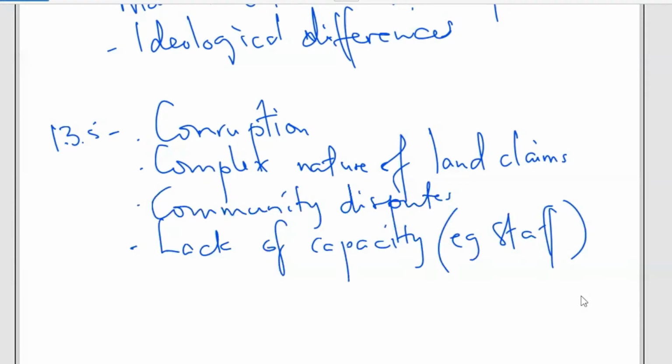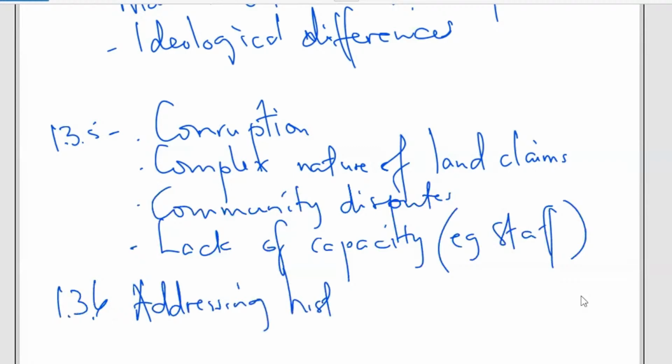Then moving on to our last question, number 136. 136 is saying, suggest how land reform can provide economic security to the people in rural areas. We can talk of an argument of addressing historical injustices. For that matter, we know that the history was not in favor of the African man.